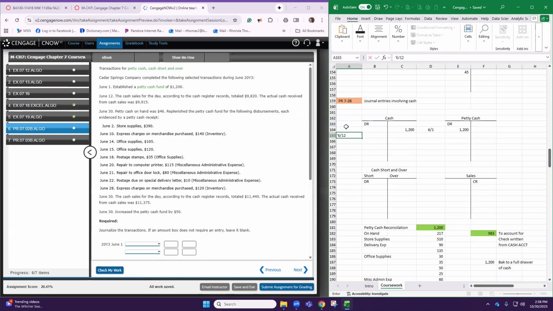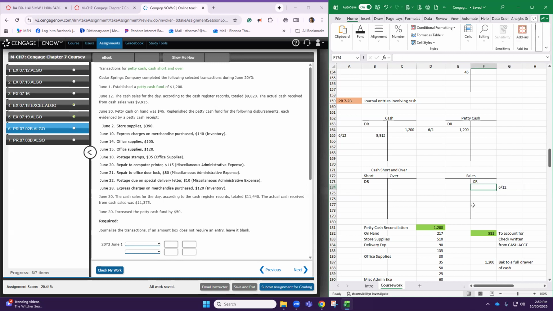Yeah, 6/12 is here. The actual cash, right, is $9,915. The sales register says, or the tape says 6/12, that it's a little bit different.